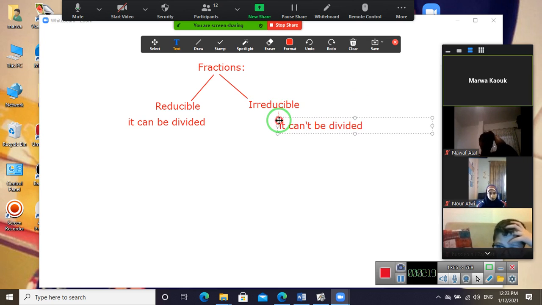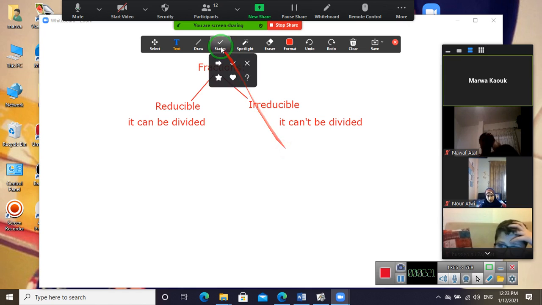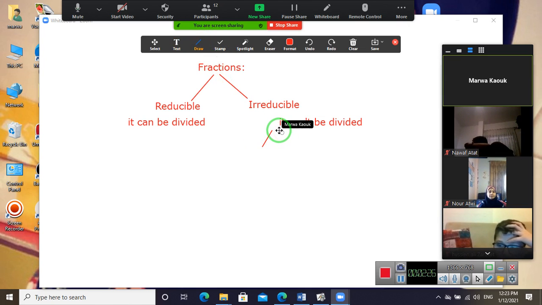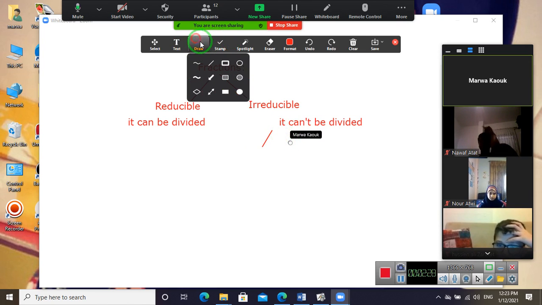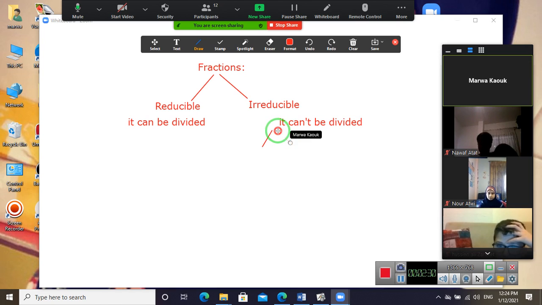I want to tell you that there are two ways to recognize an irreducible fraction. What is the meaning of irreducible? That means the fraction cannot be reduced anymore. How can I know? I have two ways.